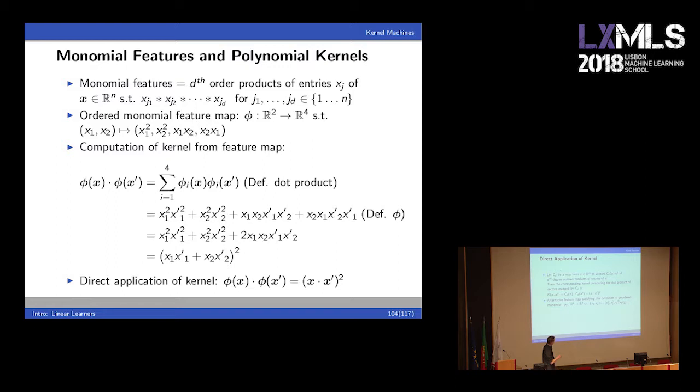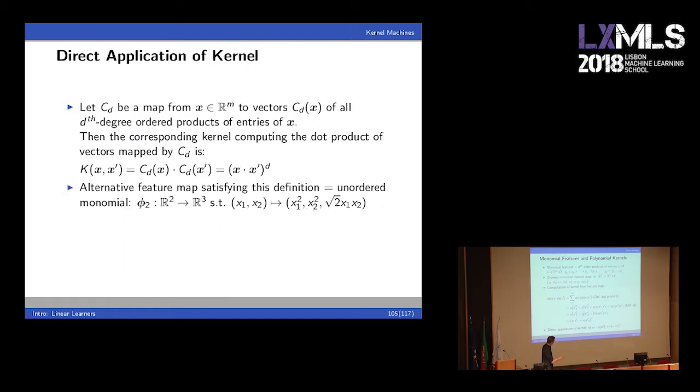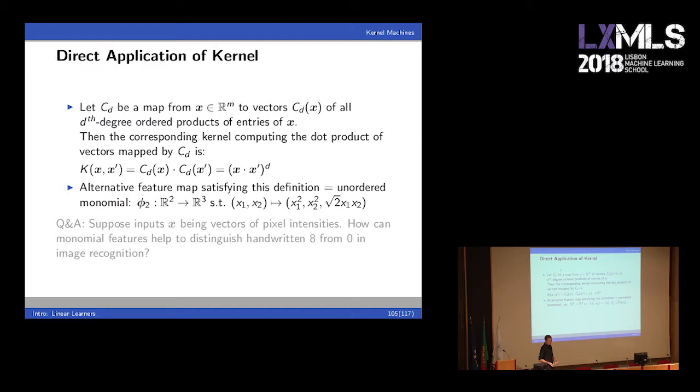Now we take an unordered monomial map which has dimension 3, but it has the same effect. The kernel is the same. It's the dot product of the original feature representation squared. Because if you plug this into this derivation, you will end up with the same result, right? Taking this feature representation, unordered or ordered monomial, will represent the same kernel.